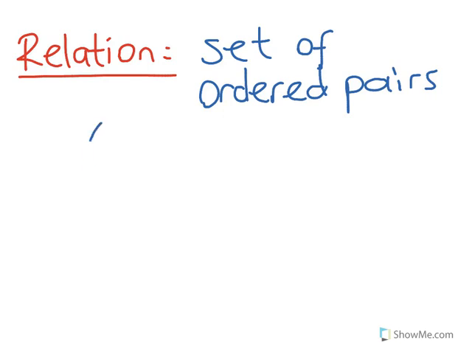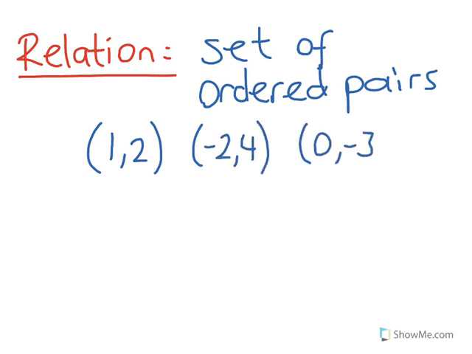So if I write some ordered pairs, say 1 to 2, minus 2 to 4, 0 to minus 3, for example, these ordered pairs may represent a relation if I write them as a list notation, as a set.